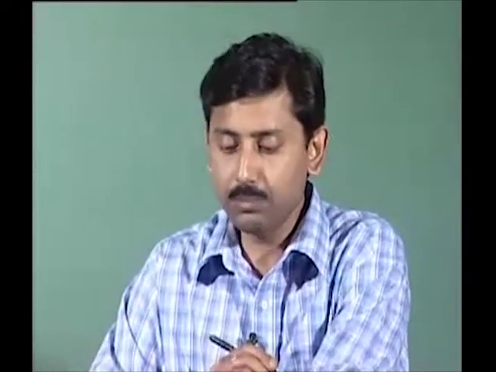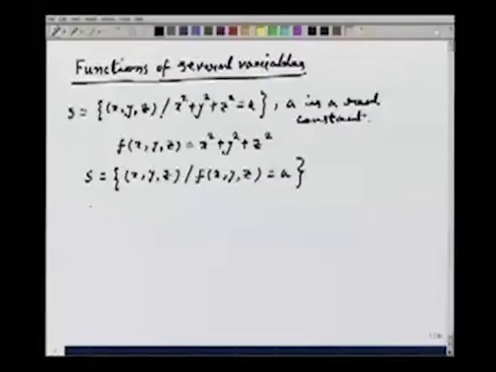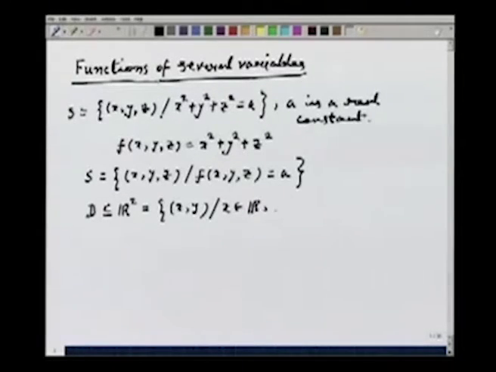So what exactly is a function of several variables? Let me start with functions of two variables. Let us say D is a subset of R2. What is R2? R2 is the set of points of the form (x, y), where x is a real number and y is a real number.